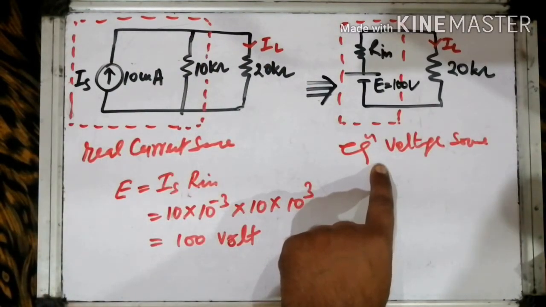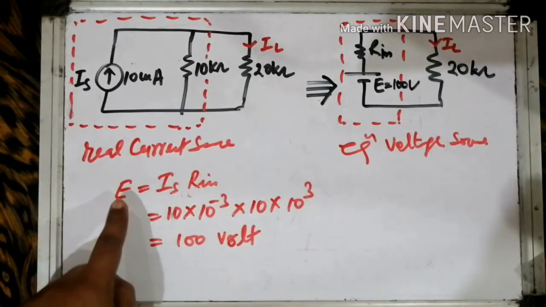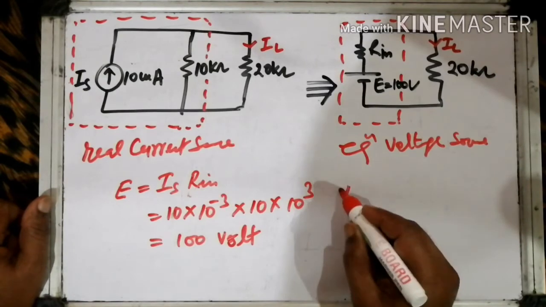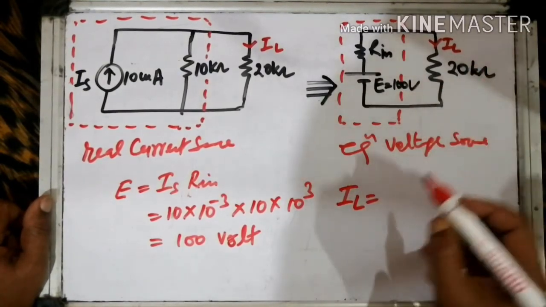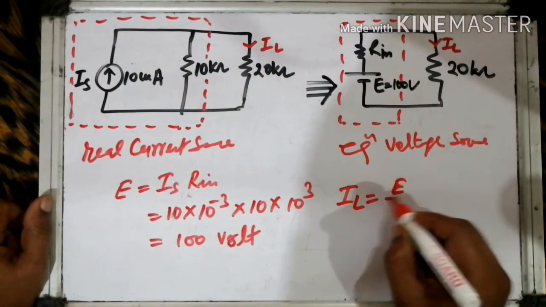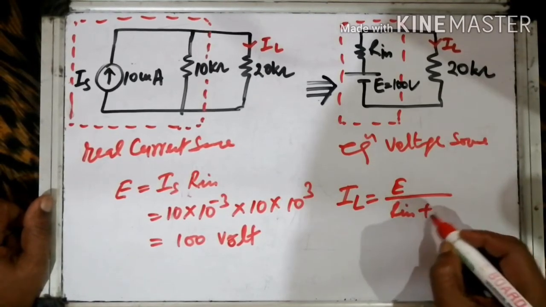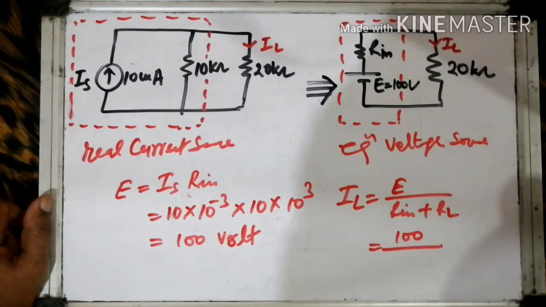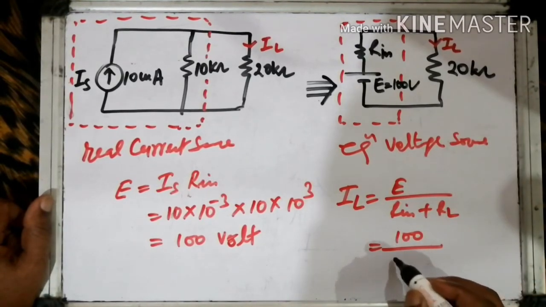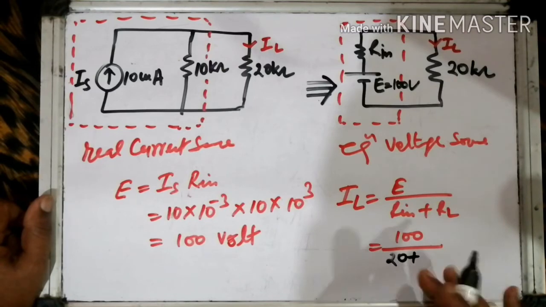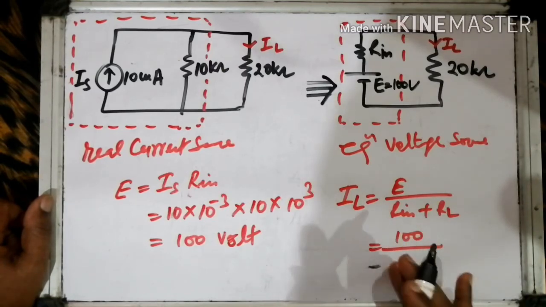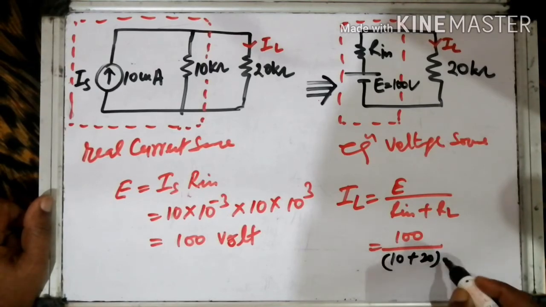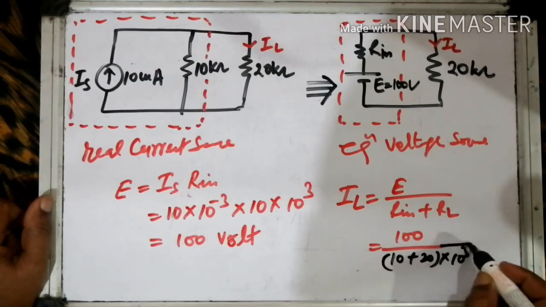Here I have calculated the value of E. Now the current in load resistor, that is IL, is equal to E divided by Rn plus RL, which is 100 divided by 10 plus 20 into 10 to the power 3.